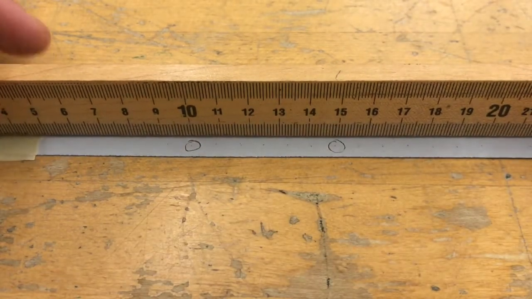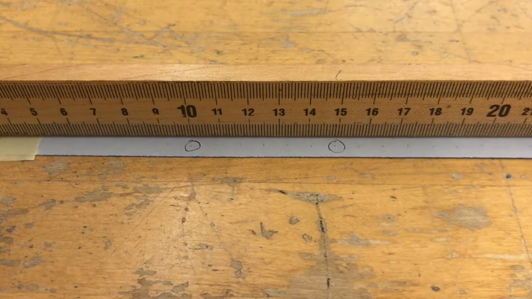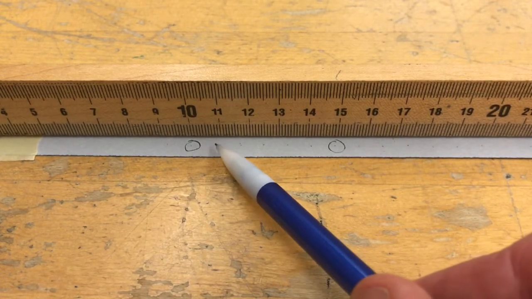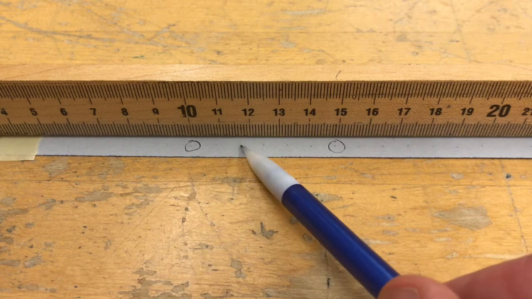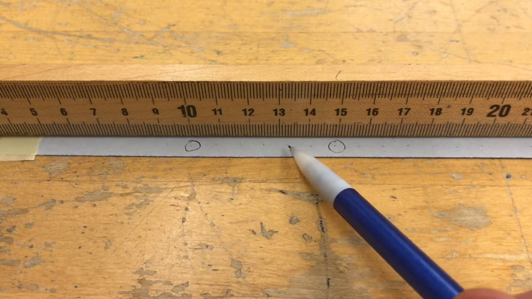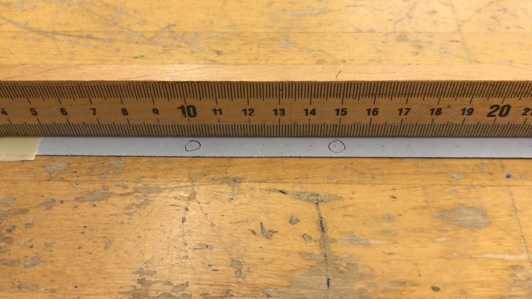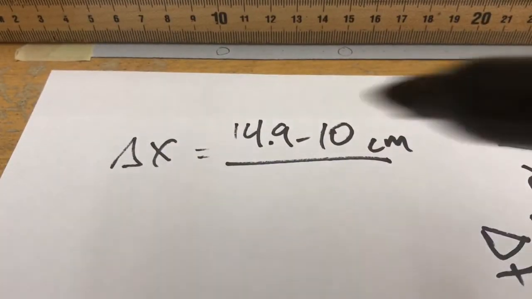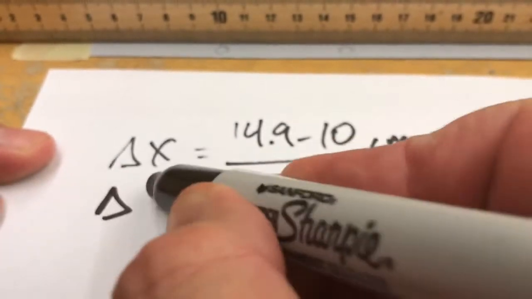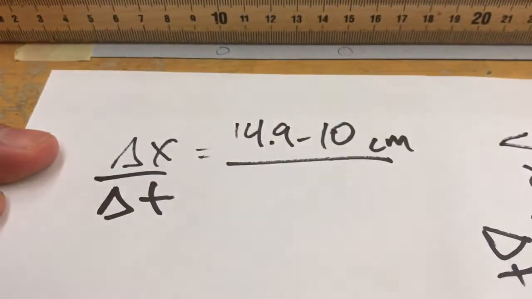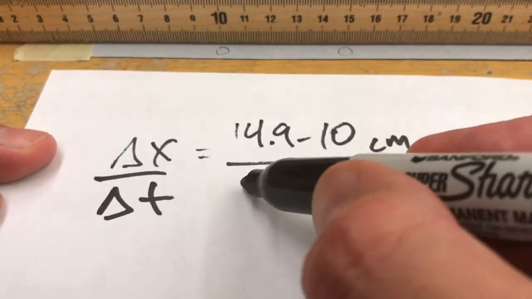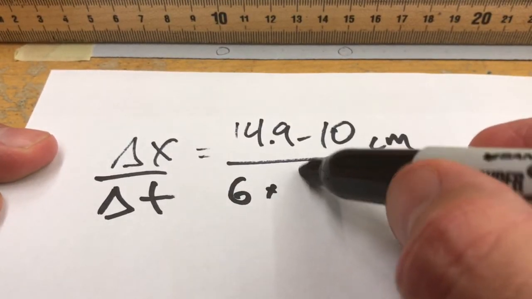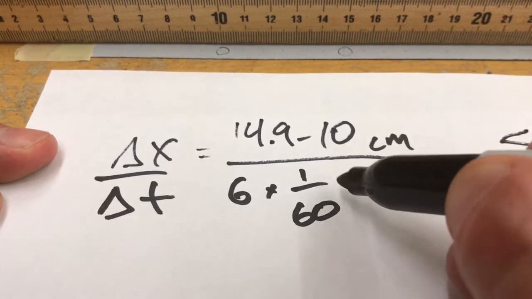So if I move the ruler back, here you can see there's a dot and then 1 step to the next dot, 2, 3, 4, 5, 6. So we moved over 6 spaces. And what that means is my delta t is going to be equal to 6 times 1/60th of a second.